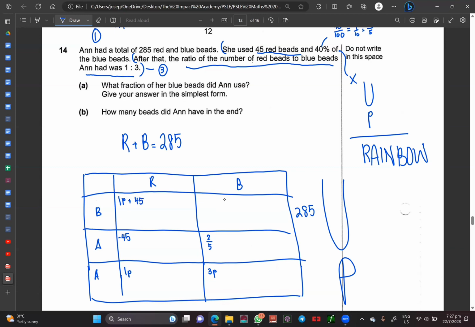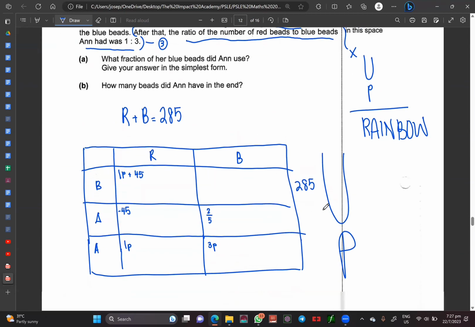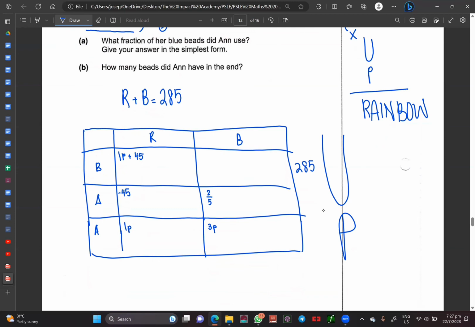Now, from here itself, what can I say? I can confidently say one thing, because this is 2 over 5, isn't it true to say that this is 5 over 5? And isn't it true to say that this is 3 over 5? And if this is 3 over 5, and it's 3 parts, isn't it true to say that this is 2 parts?